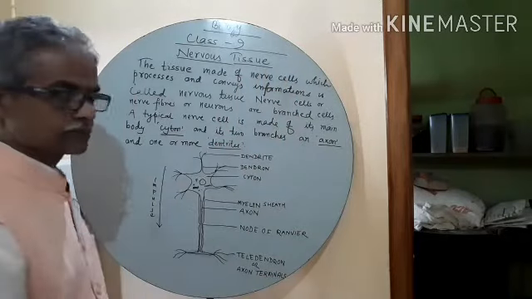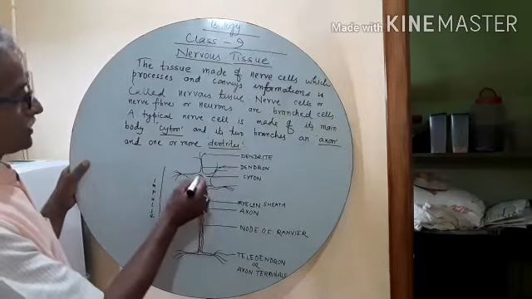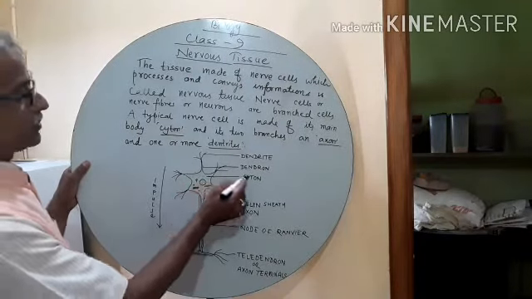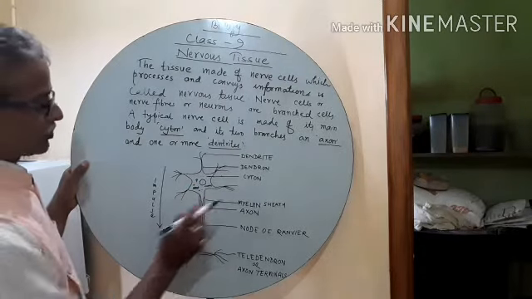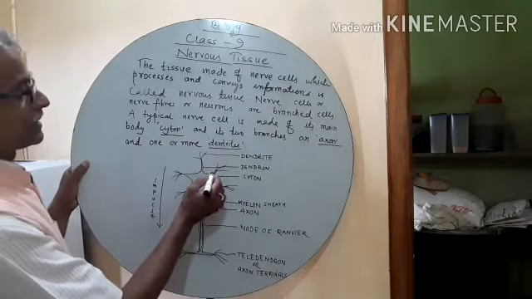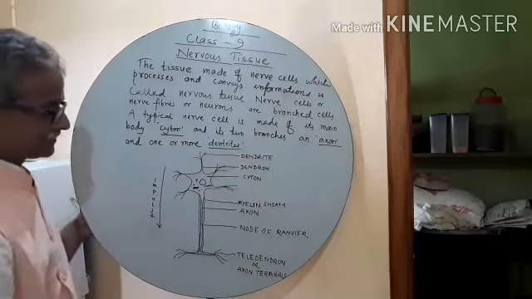Look at the diagram. This diagram shows the main body of the nerve cell, that is cyton. Its main branch is axon. Other branches are dendrons and their sub-branchings are dendrites.